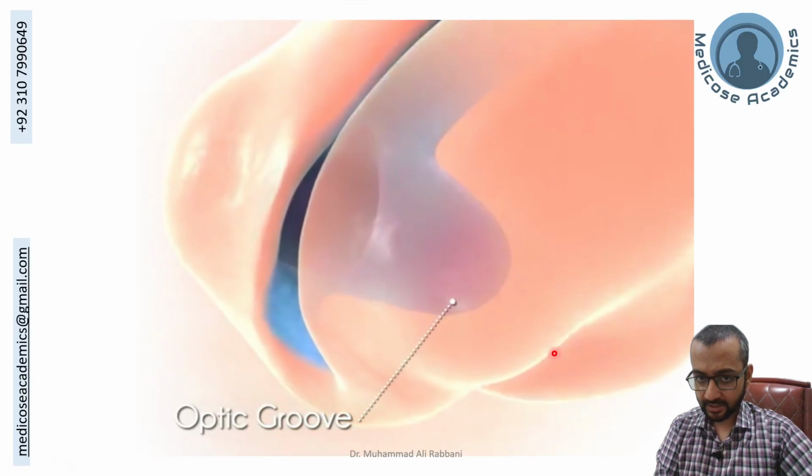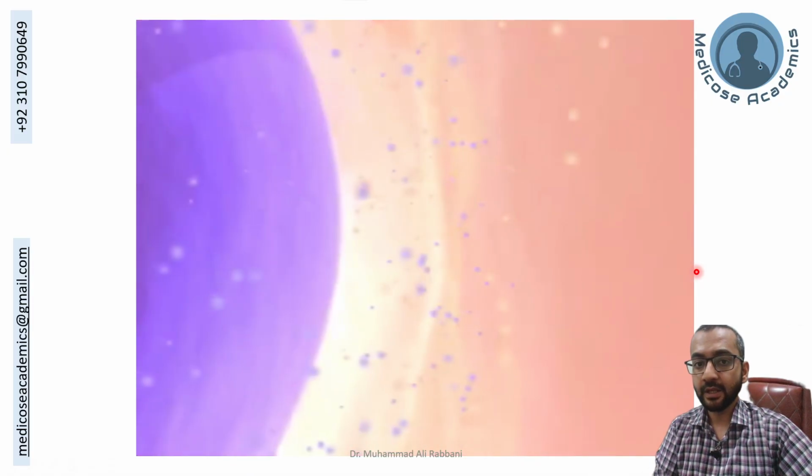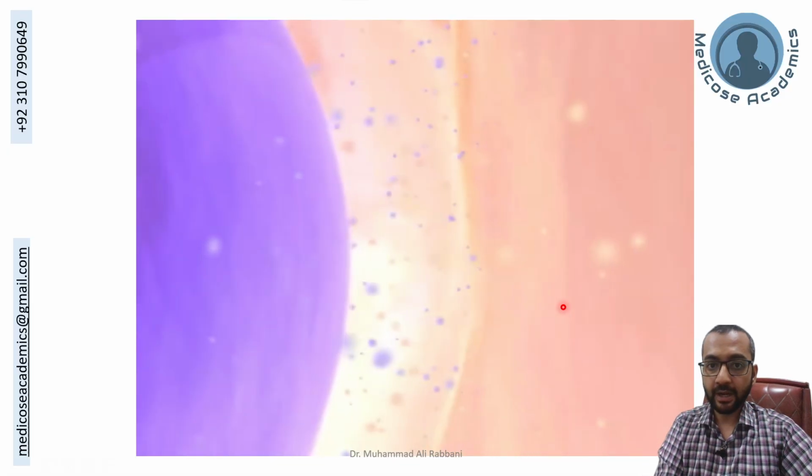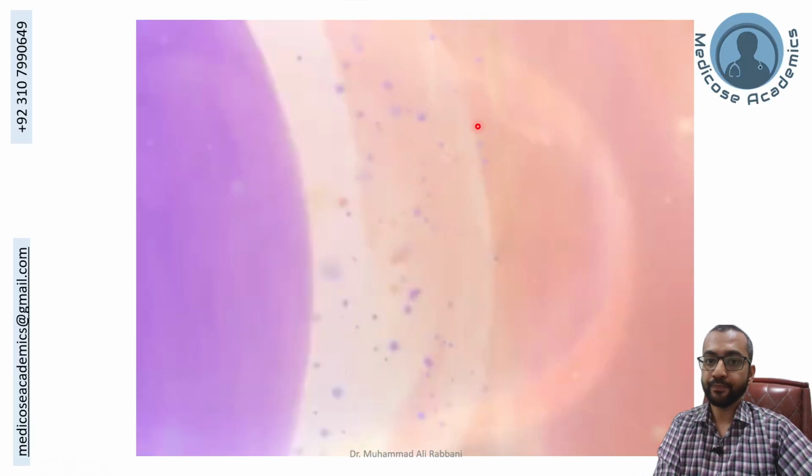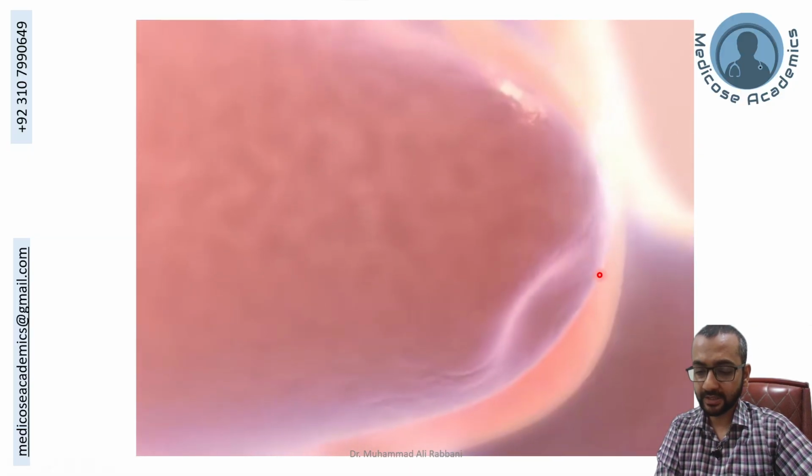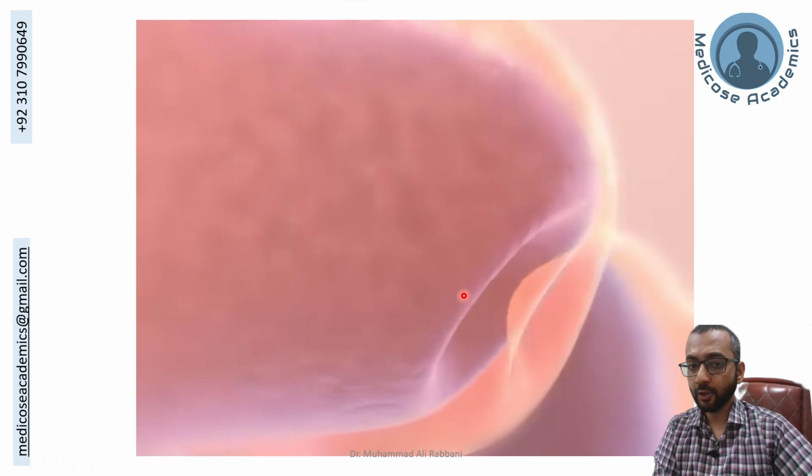As it continues to grow and approach the surface, it gives inductive signals to the skin and the surface, and these inductive signals will lead to changes in the skin and reciprocal induction, and these will lead to invagination of both the skin, the lens placode, and the optic cup.